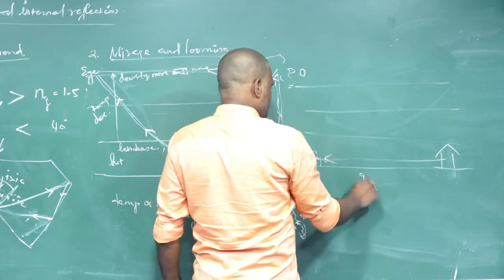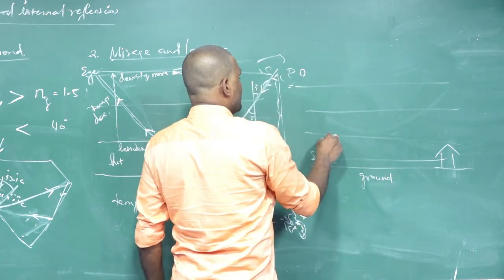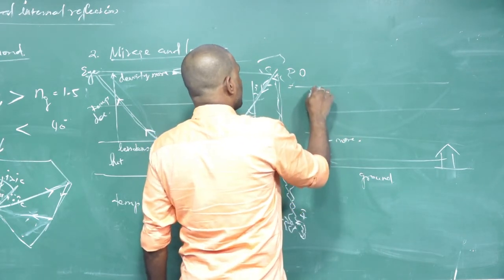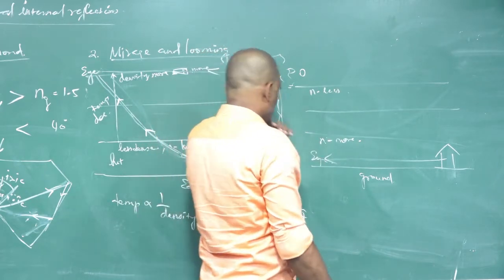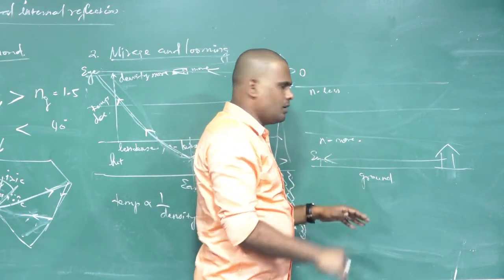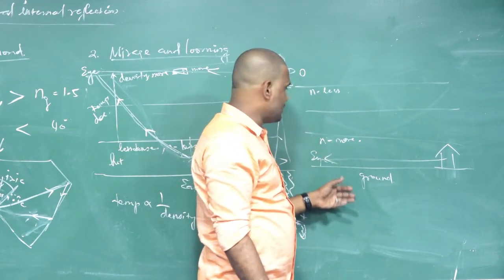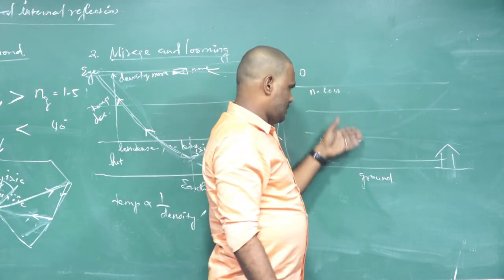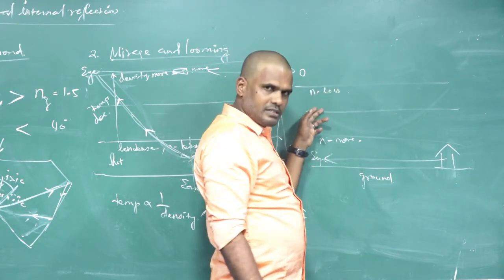Now, the air region very close to the ground will have a greater value of refractive index than the refractive index at higher altitudes. Why? Because the surface of the ground is too chill, too cold, so the temperature is less. So refractive index is more. As you go above the Earth's surface, the temperature increases, so refractive index decreases.